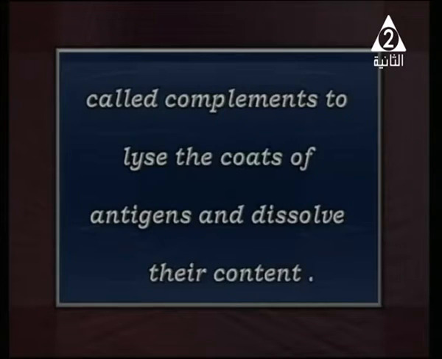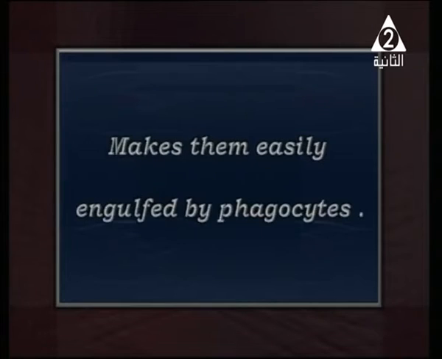They lyse the coats of the antigens and dissolve their contents. So there is no inhibition, no fixation; we release the components of the antigen, dissolving them, and that makes them easy to engulf by the phagocytes.